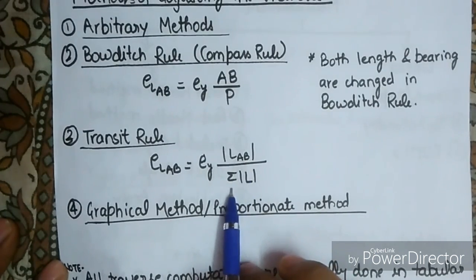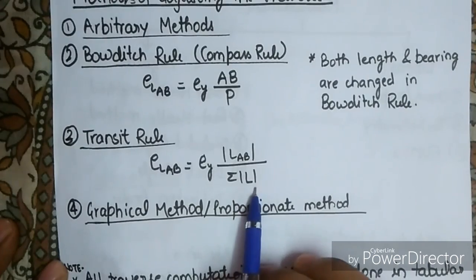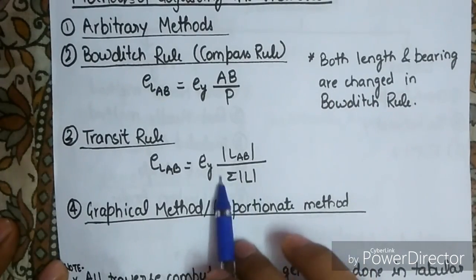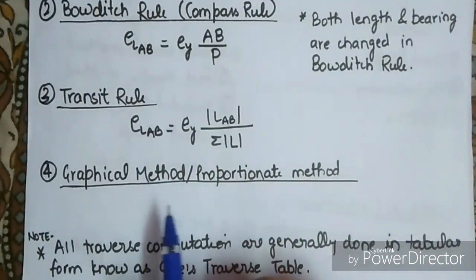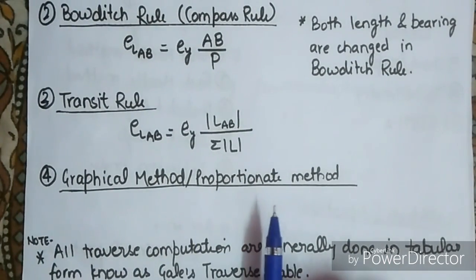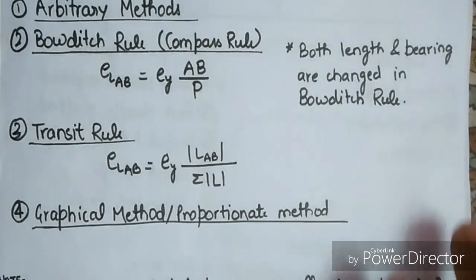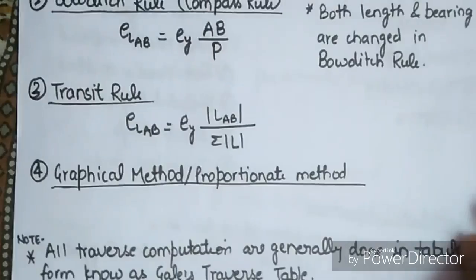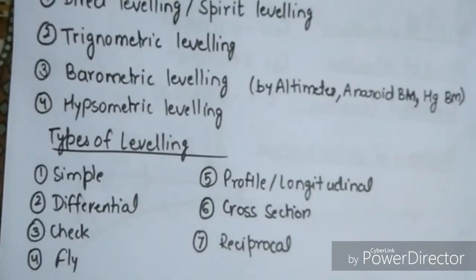And upon it we have the term sigma of latitude, the arithmetic sum of the latitudes of all the lines. Next is the graphical method or proportionate method. This method is also based on Bowditch's rule, and hence it is generally used for compass traverse. Here we have to note one thing, that all the traverse computations are generally done in tabular form known as Gale's traverse table.